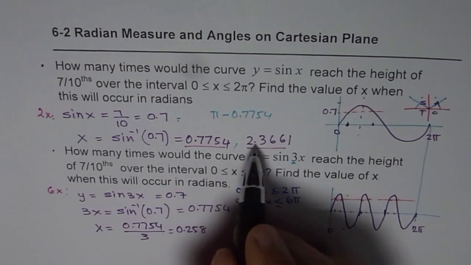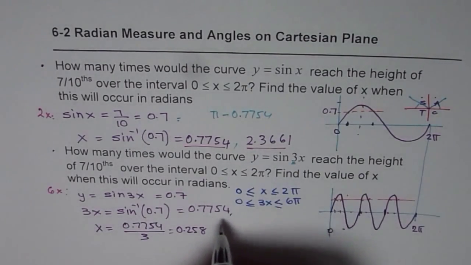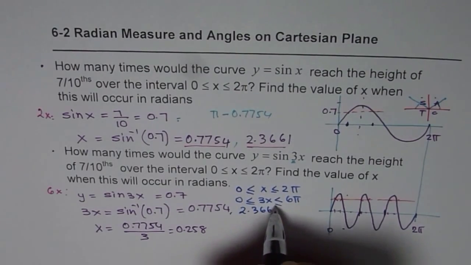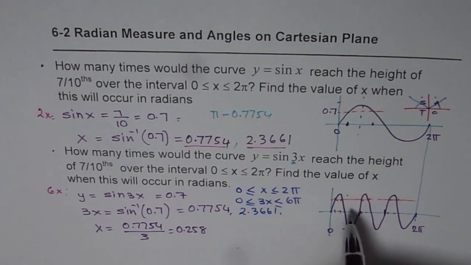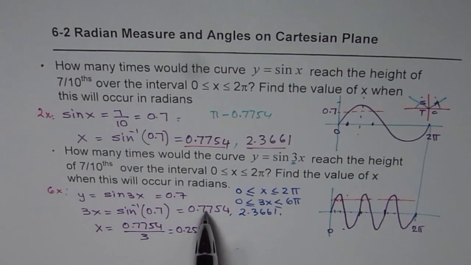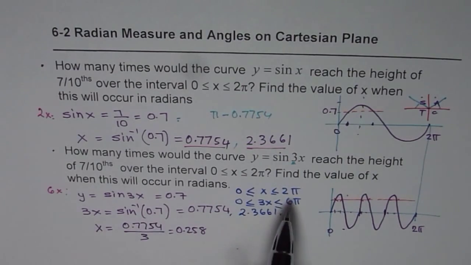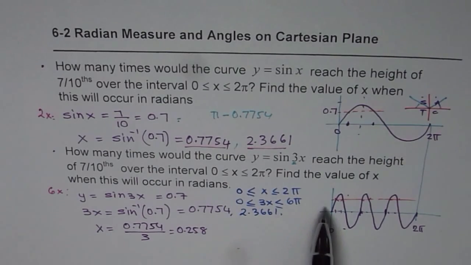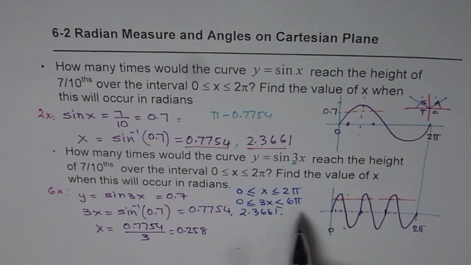So the two answers which we have are kind of similar. First one is this, the other one is 2.3661. The others will be, we have to add 2 pi, 2 pi, 2 pi. Keep on adding 2 pi twice so that you get all the possible values within this interval. Do you understand?